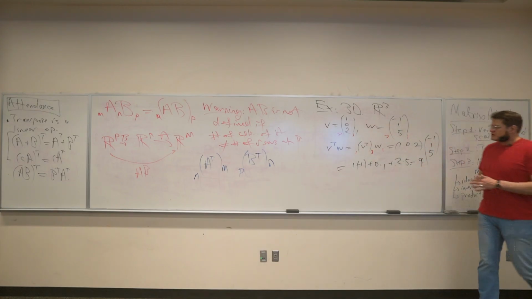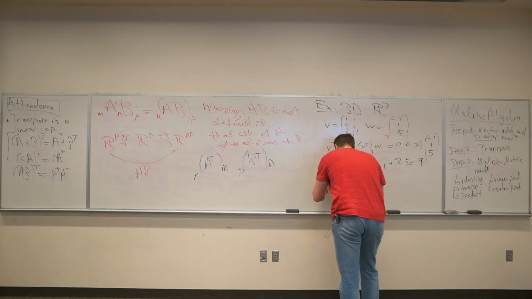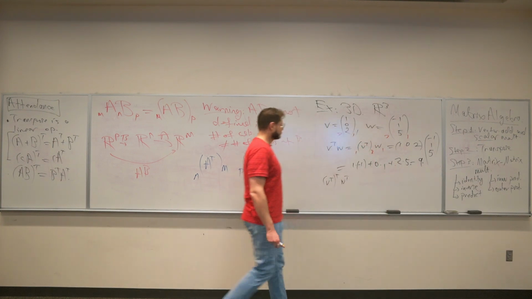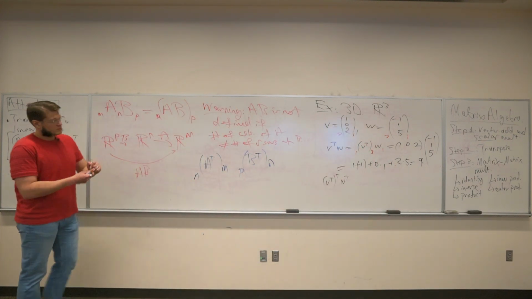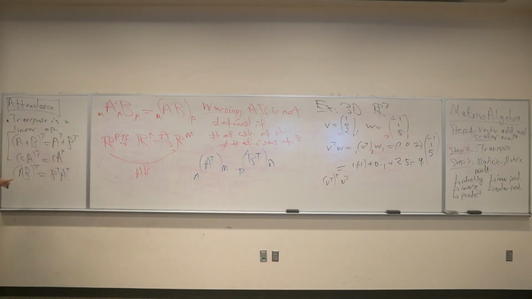But if I were to look at V transpose transpose, W transpose. Okay, I'm just trying to give an example as to how (AB) transpose in general is not the same thing as A transpose times B transpose here.